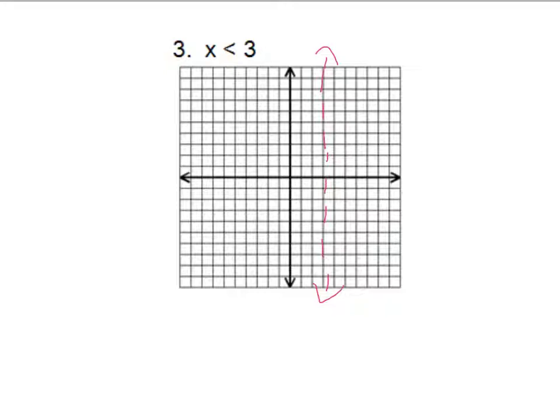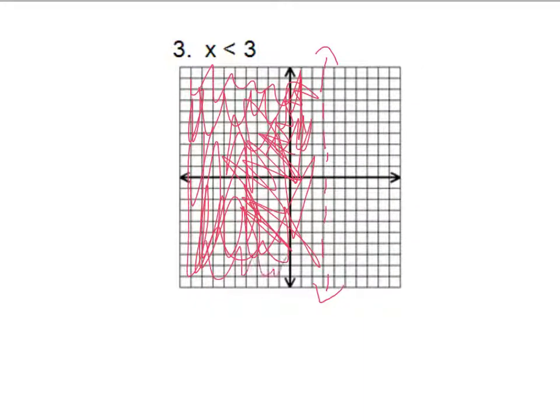And then I want to shade everywhere where my x values are less than 3, so that means I'm going to shade to the left. Scribble, scrabble, as my 6-year-old would call it.